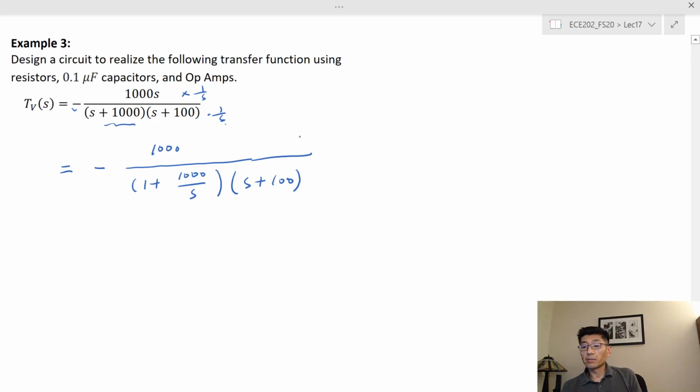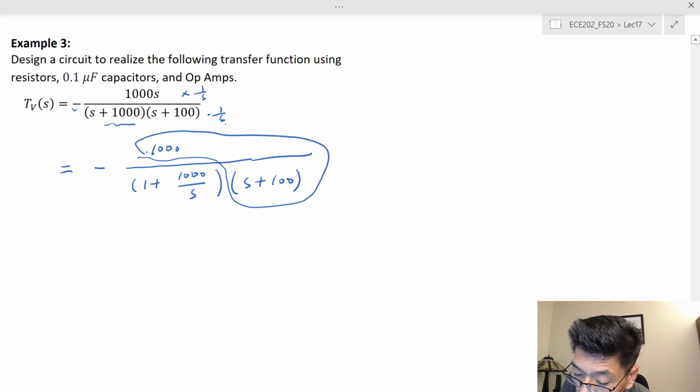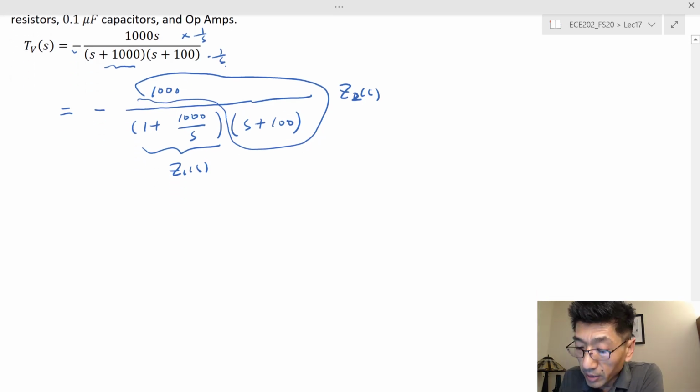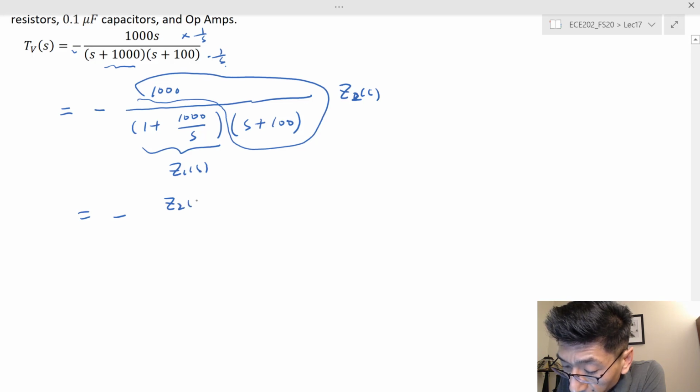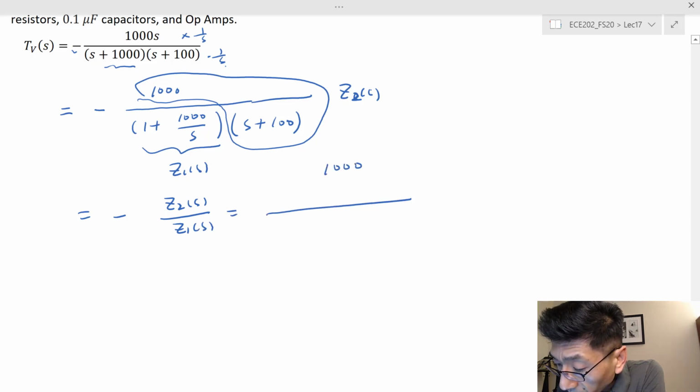So in this case, what I'm having here, I would recognize this one as z1, and this one as z2, and this one as z1. So in this case, I have negative z2(s) over z1(s) equal to 1000 over s plus 100, and 1 plus 1000 over s.